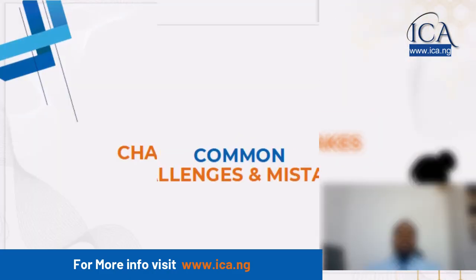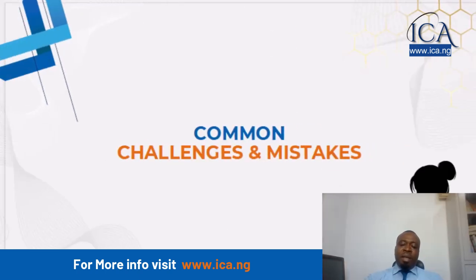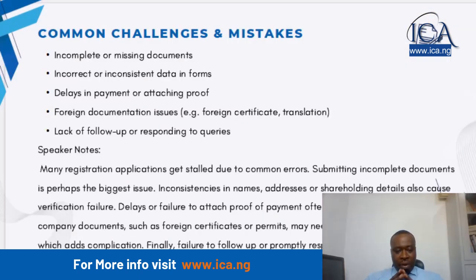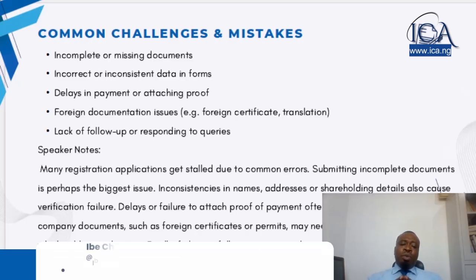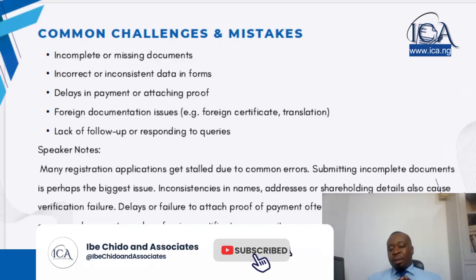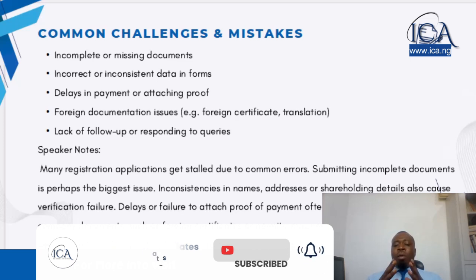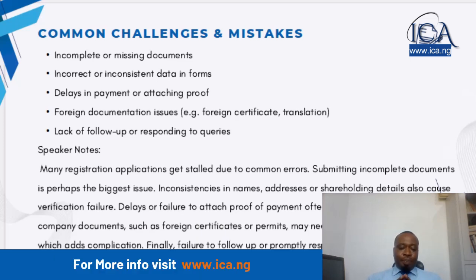Okay, we'll now take a look at some of the common challenges and mistakes that you should avoid. Many registration applications get stalled due to common errors, and they include submitting incomplete documents, which is perhaps the biggest issue. I've said it earlier, it's important that you form a checklist, tick it off exactly so that you will know exactly what is left off, so that you will submit all the expected documents.